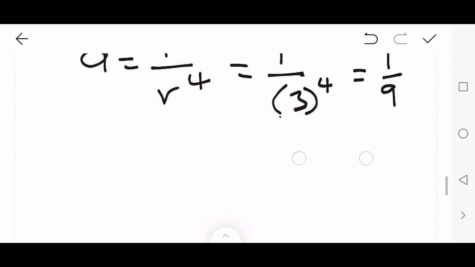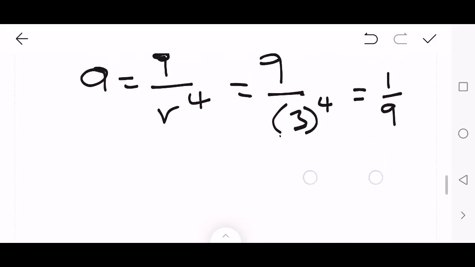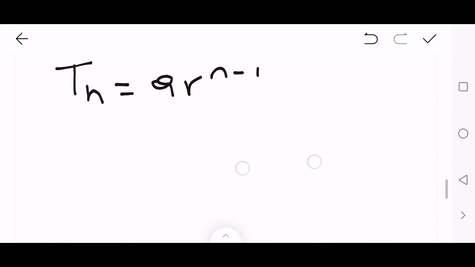So now we can calculate the 10th term. We have Tn equals a r to the power n minus 1. Now we have all of these values.